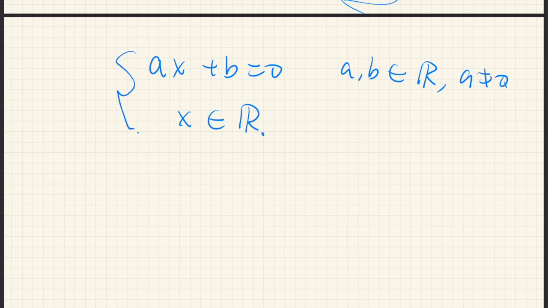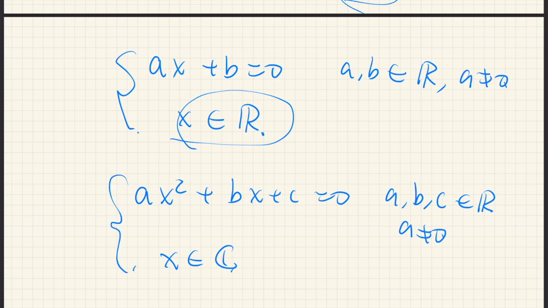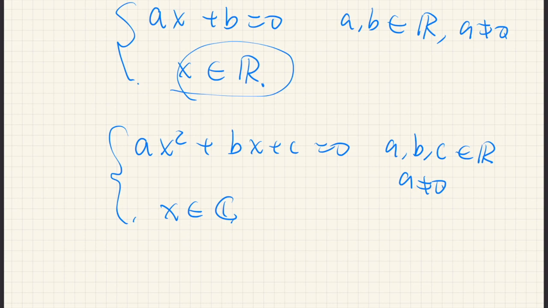And we can always find the solution as long as solutions exist. And in order to solve the quadratic equation for real coefficients, and a is non-zero, the solution exists within the set of complex numbers. In other words, we needed to expand the set of solutions from real to complex.